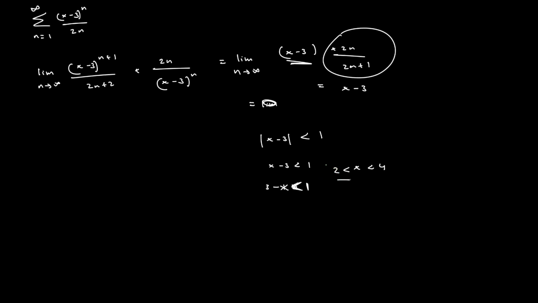So testing endpoints, when x is equal to 2, we get this summation from n equals 1 to infinity of (-1) to the power of n divided by 2n. This is an alternating harmonic series, and so we know that we've seen this before. So this is conditionally convergent.